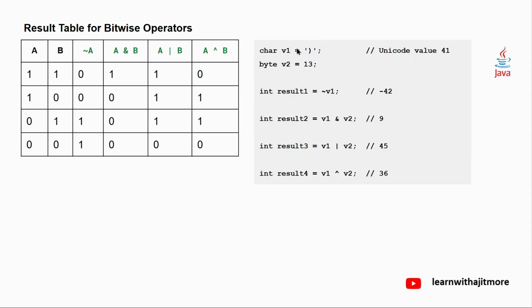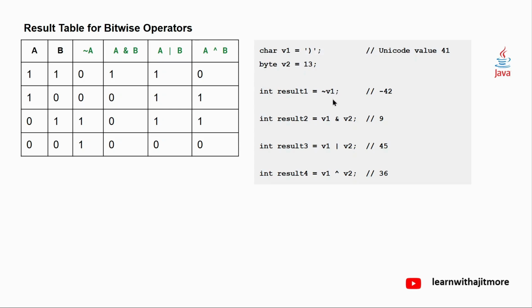So I am storing a character, but in reality, it is going to store its Unicode. And what is its Unicode? 41. So what is stored in the memory? On the screen, it will display this graphical symbol, round bracket. But what is the code of that round bracket? 41. So in char, 41 is stored, and 13 in byte.